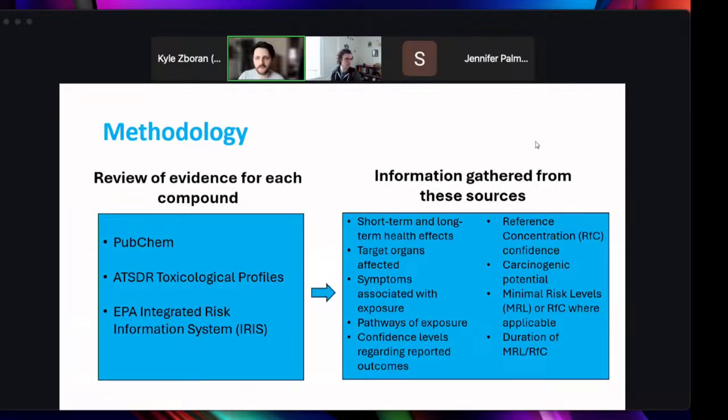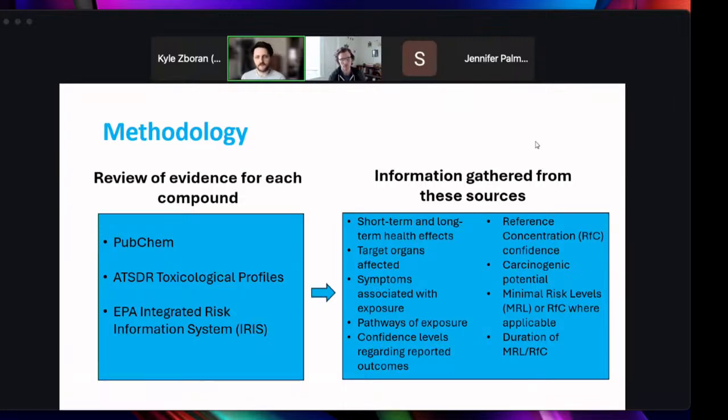Without getting too exhaustive as far as the methodology, there is a section where you can check out our full methodology if you desire. But essentially, the main databases for our evidence were PubChem, ATSDR toxicological profiles for individual compounds, and the EPA's Integrated Risk Information System.